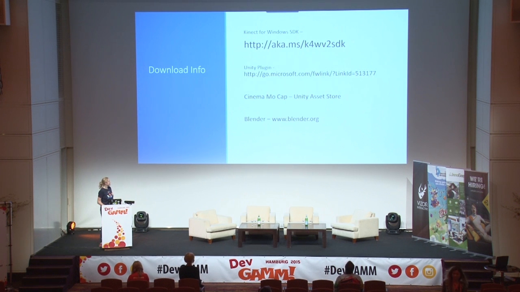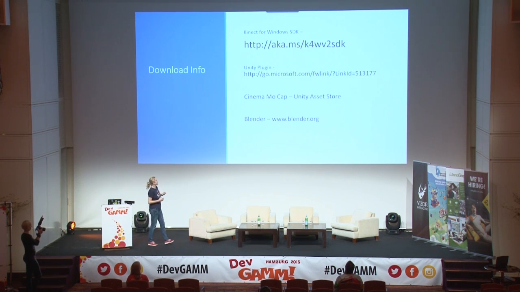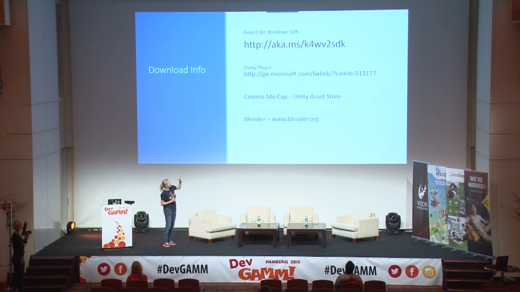Here's the download info. The slides I've already sent to the organizers, so you can get them later. The SDK itself has this wonderfully cryptic link, which actually makes a lot of sense. It's aka.ms and then Kinect for Windows version 2 SDK. Makes lots of sense.